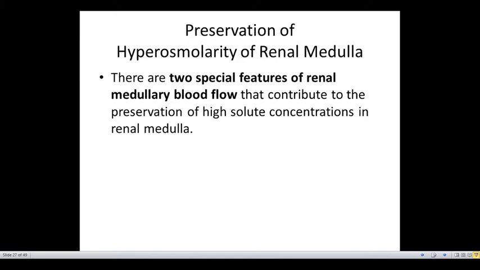There are two special features of renal medullary blood flow that contribute to the preservation of high solute concentrations in the renal medulla.